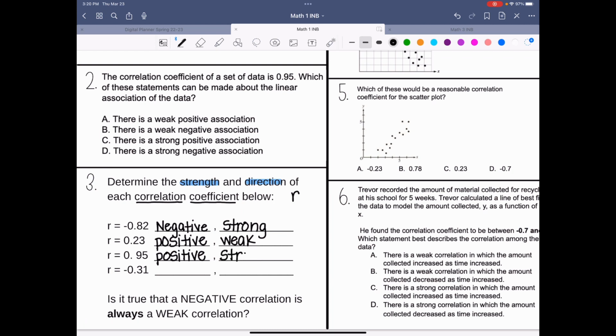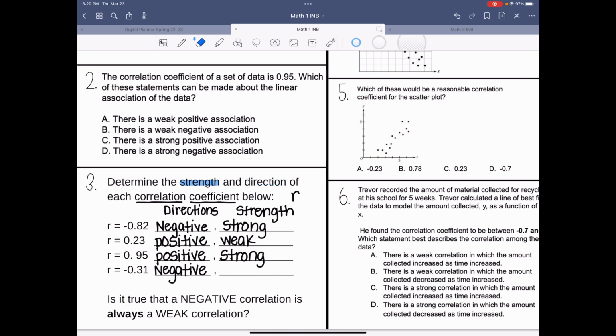All right, and then the last one that we have is negative 0.31. So again, this is going to be a negative direction. Remember, these are the directions, and then these are the strengths. So you have to be able to tell me, is it going to be a positive direction or a negative direction?